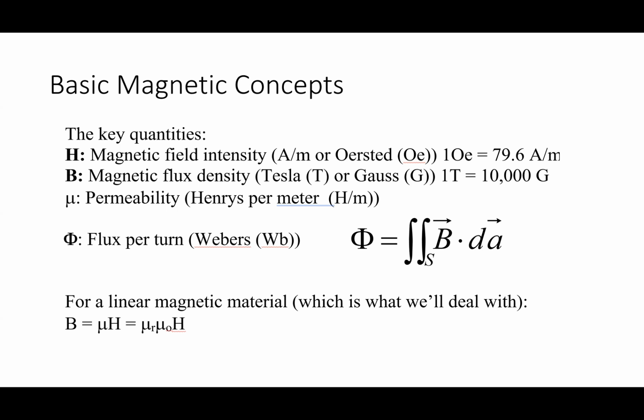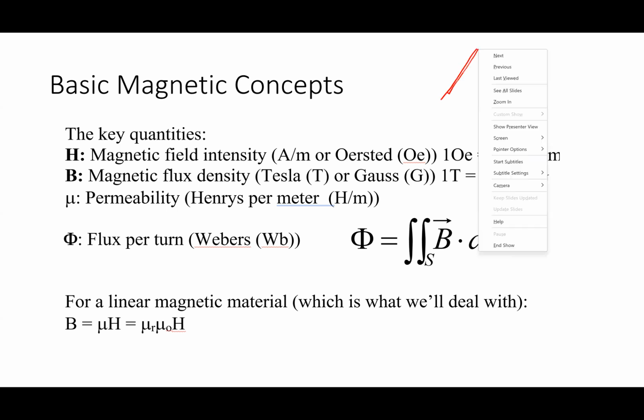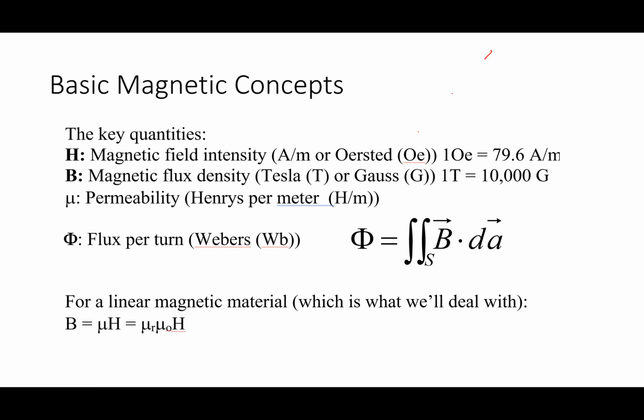If I talk about magnetic flux density, what I mean is, if I had a surface of some kind and I had a field passing through it, B is the density of the field lines going through there.